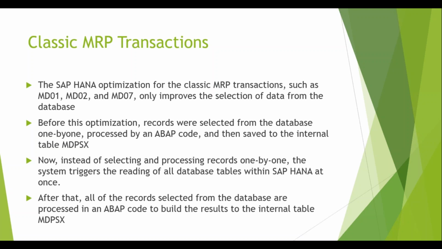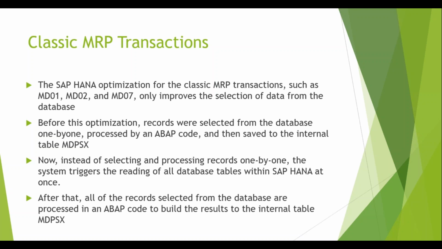Let me give you an overview of whatever we have discussed till now. There are 3 phases. One is the traditional MRP that we were using. In traditional MRP, although the features were good, it was taking a lot of time. Why? Because each record was getting selected one by one, processed one by one, and finally stored in the internal table one by one. Then came MRP on HANA, only on a HANA database, which allows you to perform the selection, the first step, in parallel, while the processing and storing of the data remain one by one.